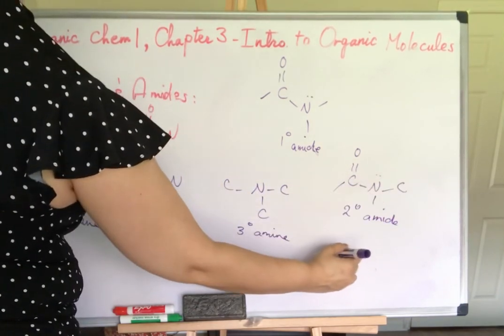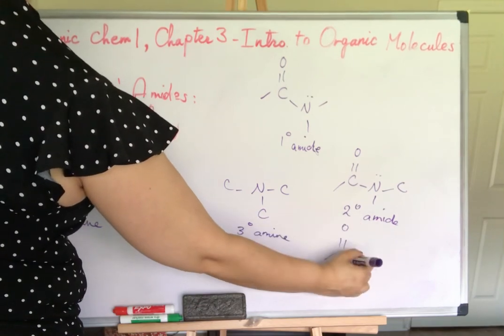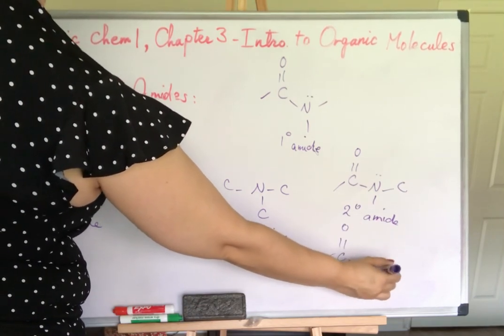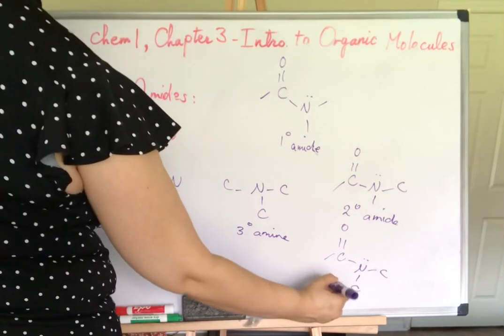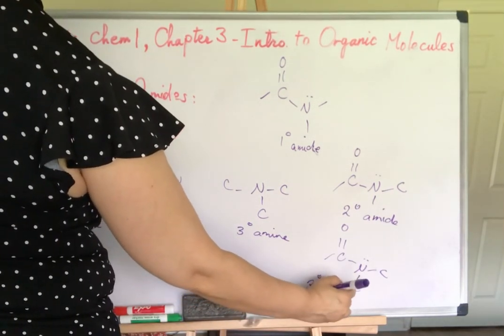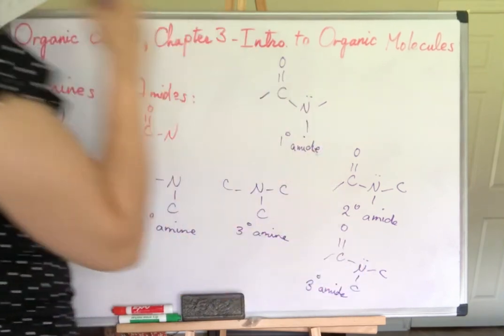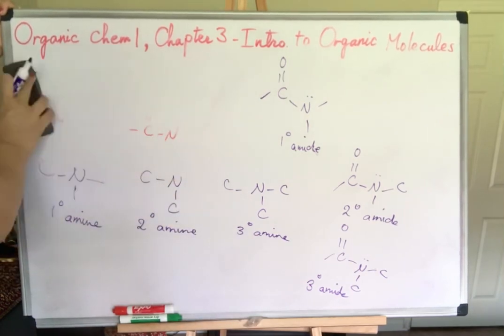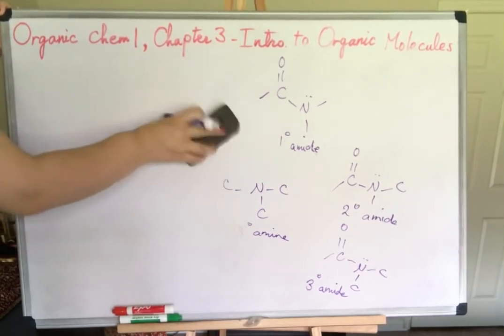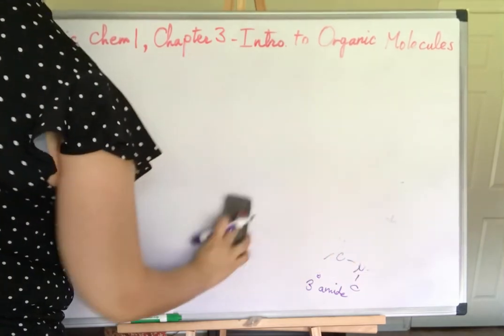And finally, when nitrogen is connected to three carbons, it's going to be a tertiary amide. So these are the types of amines and amides, alkyl halides and alcohols that we wanted you to know at this point.